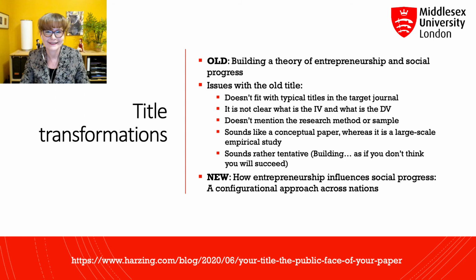Whereas the key contribution of the article actually was that it was a large-scale empirical study. Finally, it also sounded rather too modest and tentative, building. We probably don't succeed, so it needed to be more assertive. How entrepreneurship influences social progress: clear what the independent and dependent variable is, a configurational approach, which is a research method, across countries. Very clear that it is a large-scale research project.